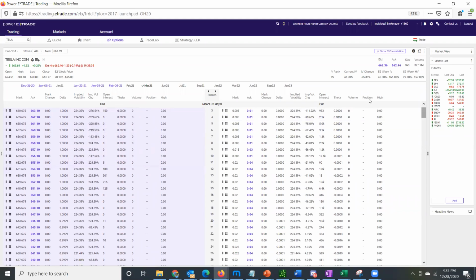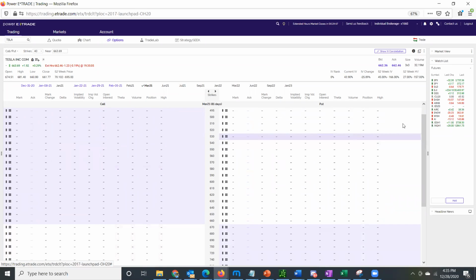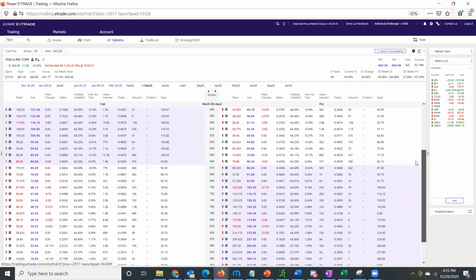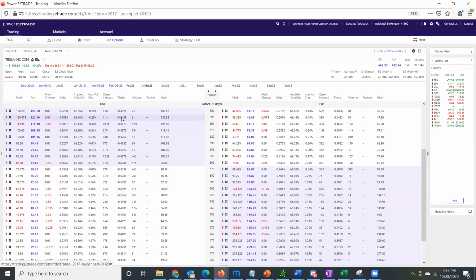You don't want 1, right? 0.7. You see, this is the 0.7, but theta is also 0.44. Every day, if the stock doesn't move, this value will lose 0.44 cent only. Okay, at this delta and this price.